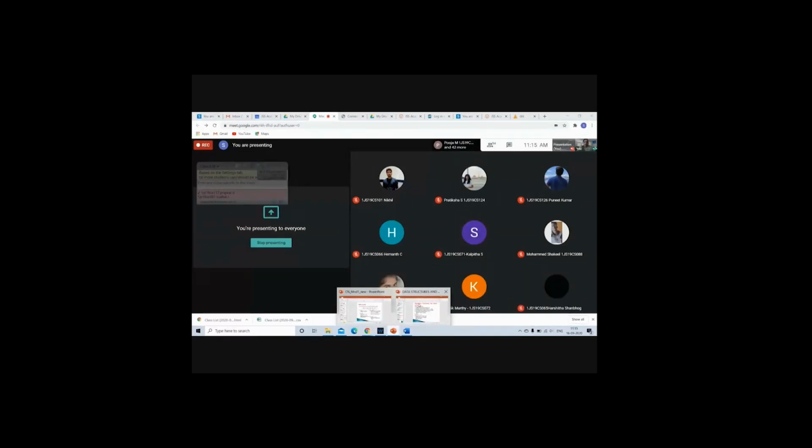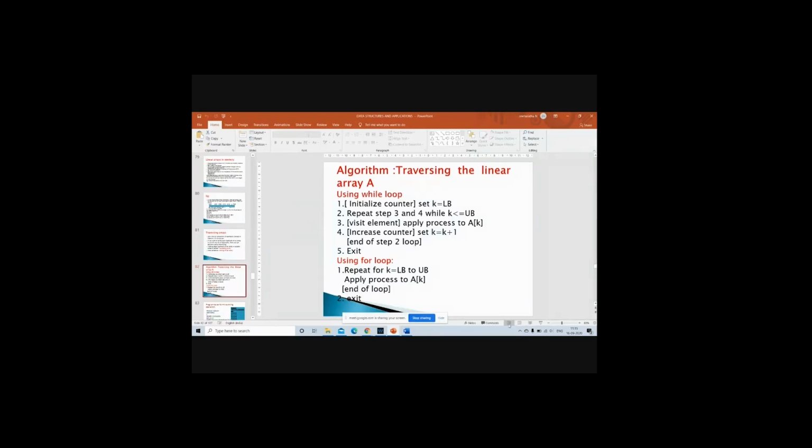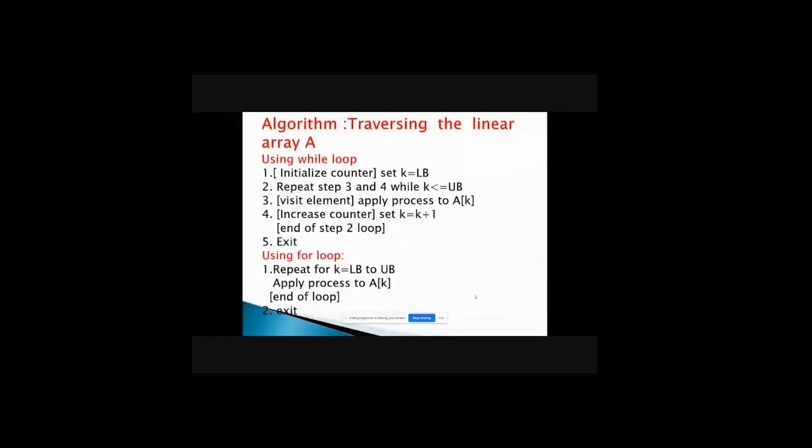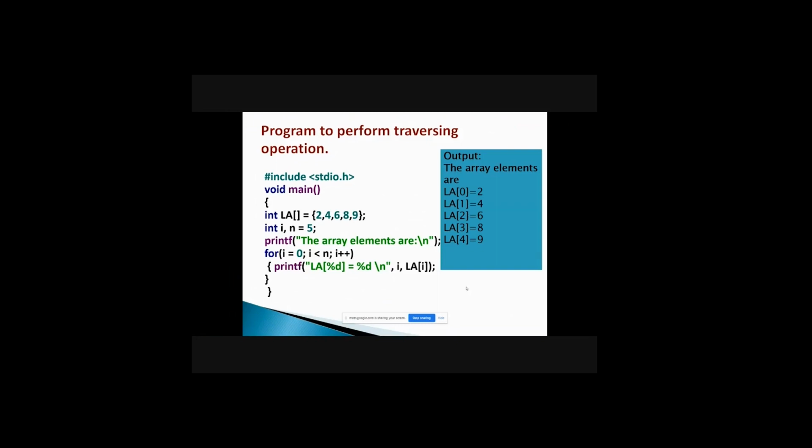Since in your syllabus we talk with respect to C language, whatever concept we are trying to explain, we will explain the programming using C language. So let us see a simple C program to perform the traversing operation on a linear array. Include stdio.h, then void main, then int LA. LA is the name of the array.